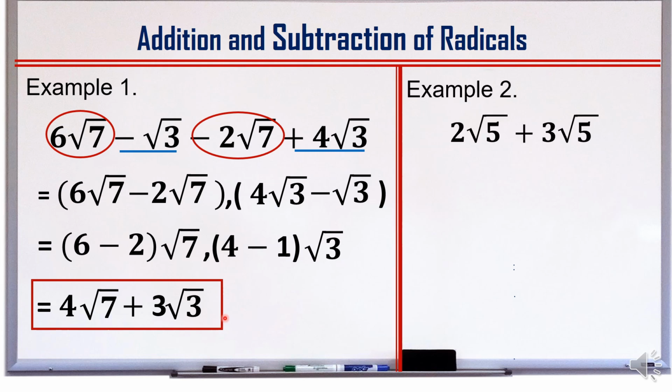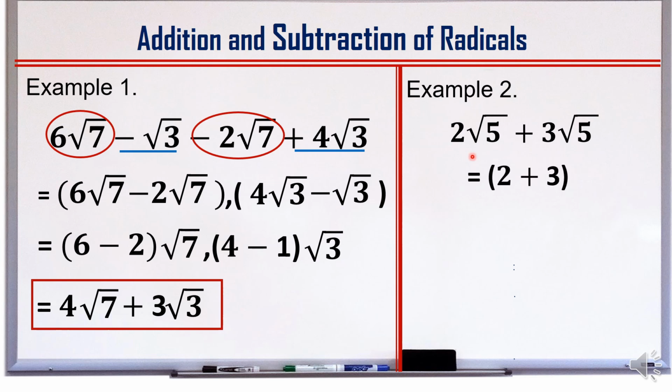Now, let's have example number 2. So, example number 2, we have 2 square root of 5 plus 3 square root of 5. So, again, let us observe if we have like radicals. Of course, dito sa given natin, malinaw naman na meron tayong like radicals. Square root of 5, square root of 5. So, what we're going to do is just simplify the terms outside the radical symbol following the operation na makikita nyo dyan, and then copy the like radicals.